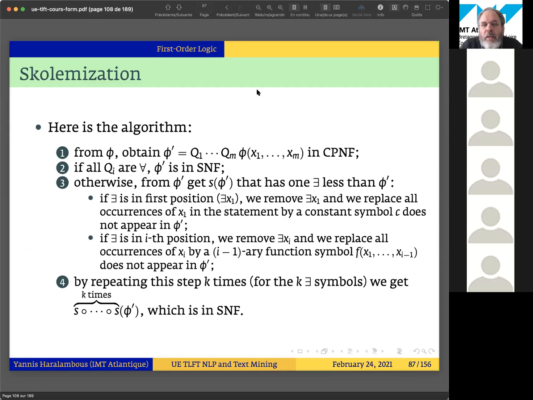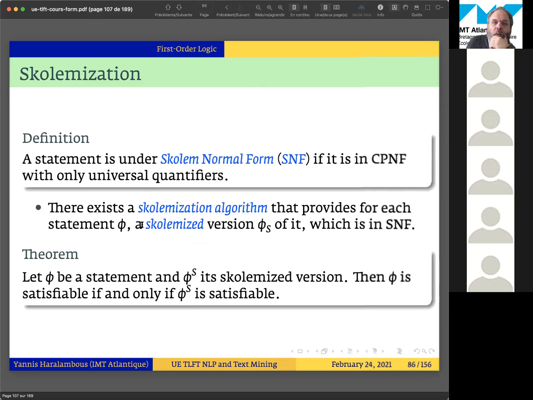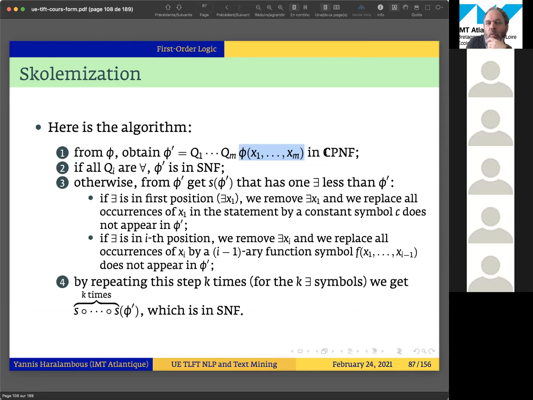This is also quite interesting as a notion. Imagine you have your formula with your quantifiers at the beginning, so it's in prenex form. I don't really care whether it's in conjunctive form, but okay, we can always consider it's in conjunctive prenex form.